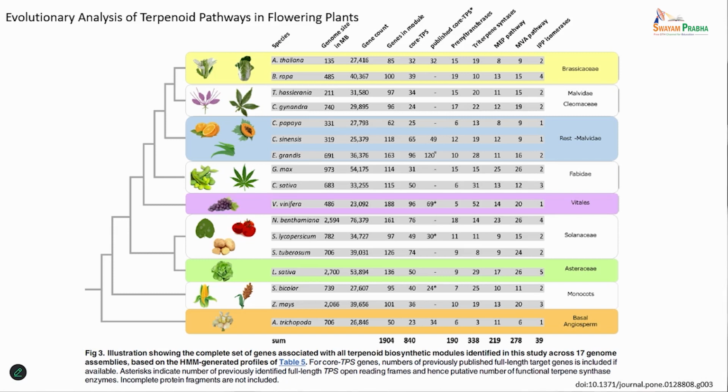But if we look more precisely at some specific genes, we can see that from the basal angiosperms the number can increase a lot. It means that even in a really important pathway, you may have modifications leading to specific terpenes in one family or one species of plant in particular.